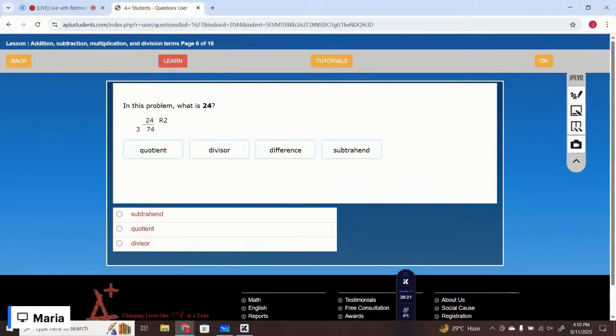In this problem, what is 24? 24 is the quotient. Option number 2 is the correct option.